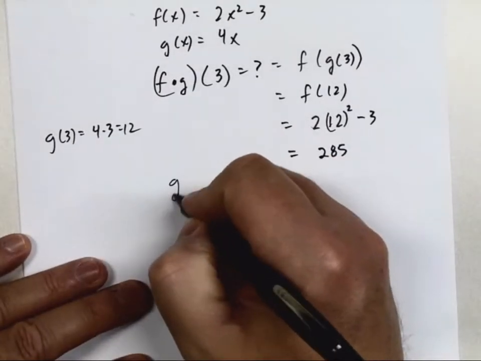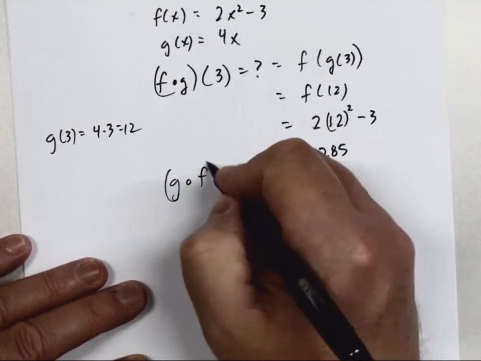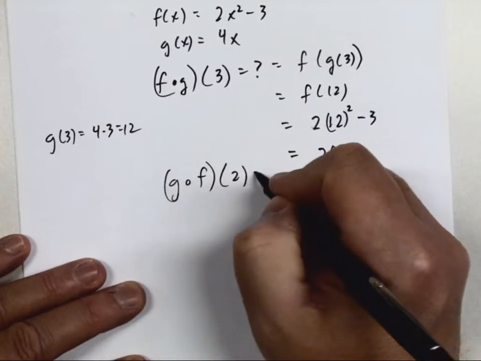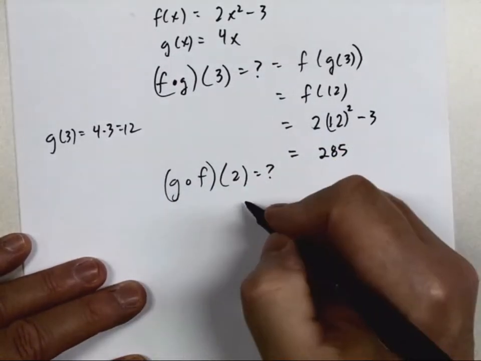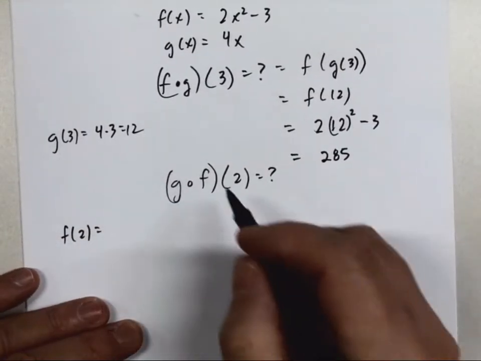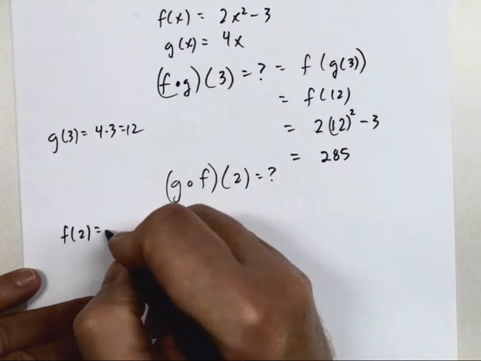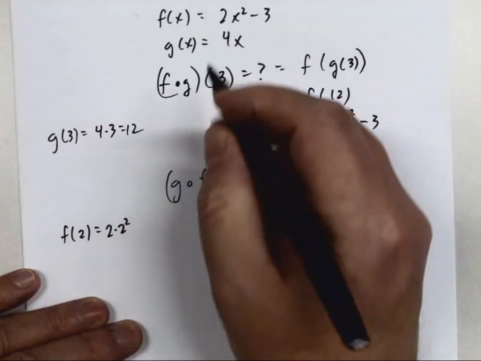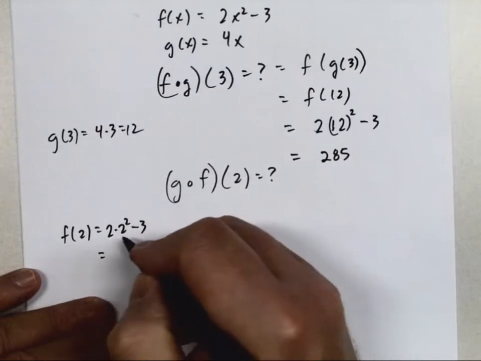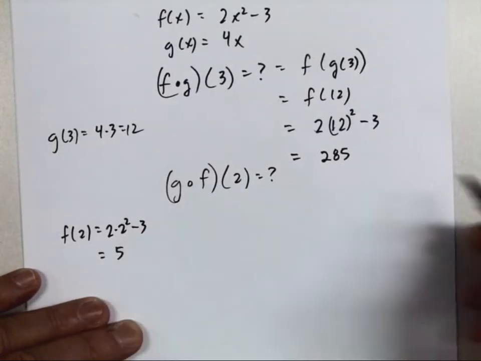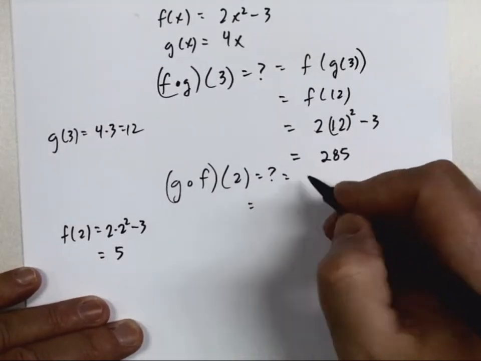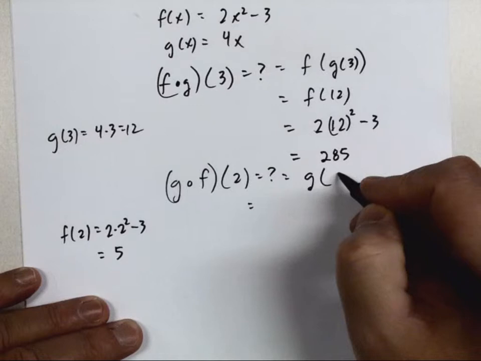Or if they said G composite F of 2, what does that equal? When you go ahead and right away you can figure out F of 2. 2x squared, 2 times 2 squared minus 3. This is 8 minus 3, 5. So it's really, okay, I didn't do what I said to always do.